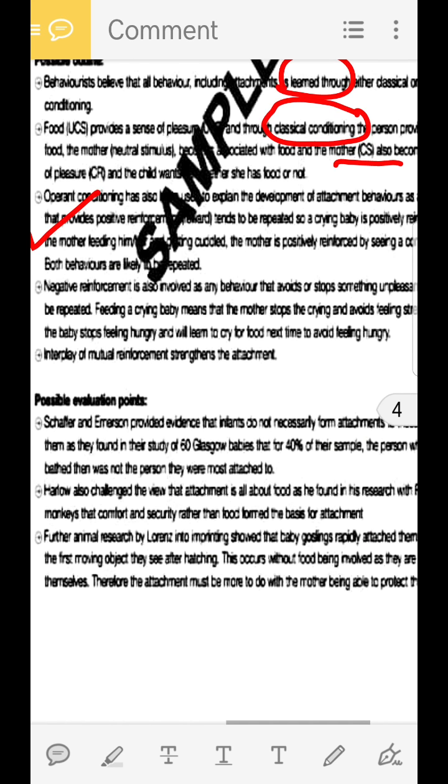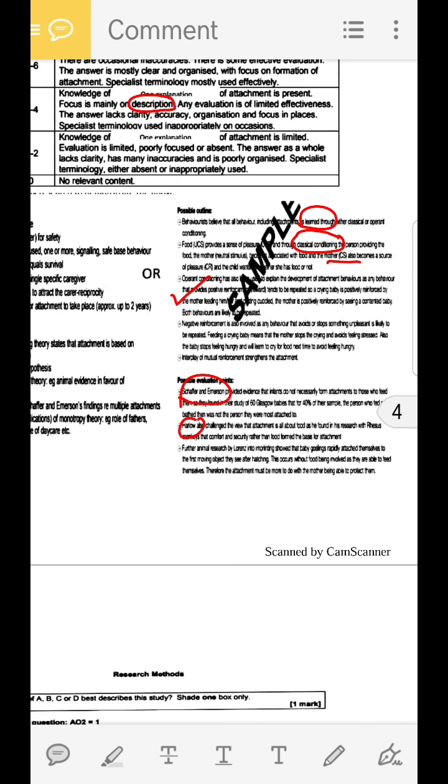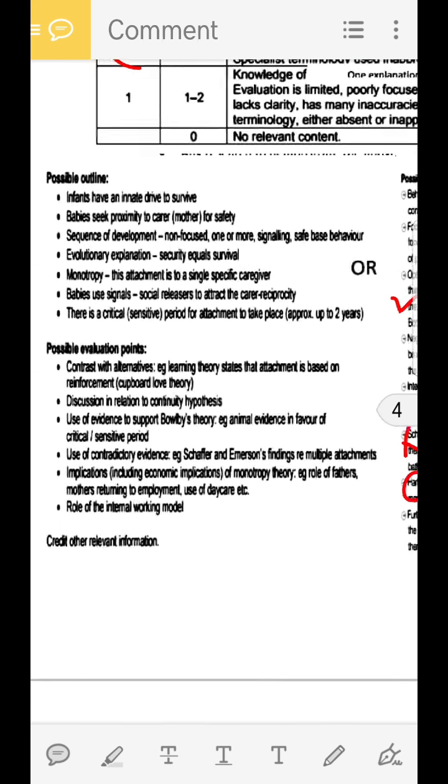The evaluation was also really strong, so most of you focused on using Harlow and the contradictory findings from Schaffer and Emerson. I didn't really see many people who got this muddled up. I was really impressed, if I'm honest, with your knowledge of those contradictory findings. So yeah, some really solid responses with the behaviourist approach to explaining attachment.